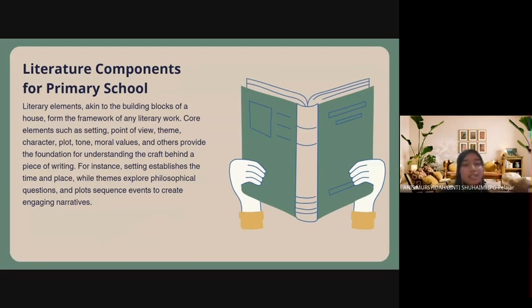So these literature components are also important to expose the children to language development and cultural understanding. For instance, the Jungle Book introduced various stories and folk tales and helped the children to understand the culture. As we can see from the Jungle Book, the story is set in India and it is a reflection of the country's culture and tradition.